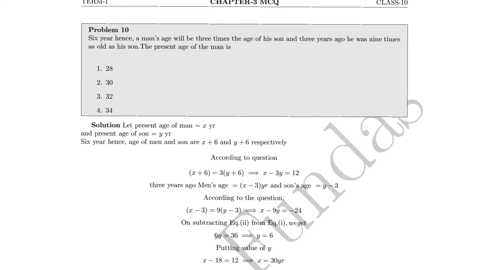We got two equations. Now we'll solve them. After eliminating x by subtracting equation 2 from equation 1, we get y is equal to 6, and after putting y in any of the equations, we get x is equal to 30. So the age of the man is 30 years and the age of the son is 6 years.